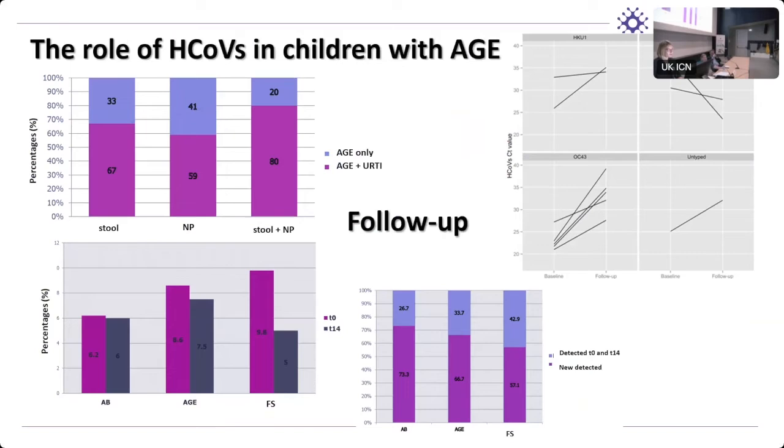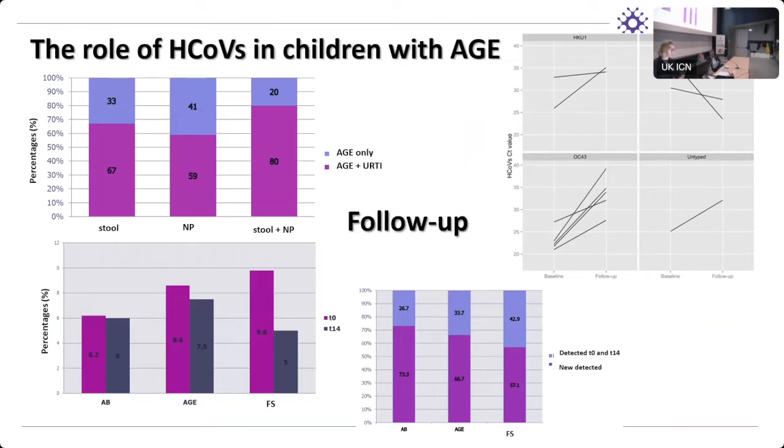But if we look more closely at these children, we saw that most of the children also had upper respiratory tract infection. And this percent rises up to 80% if the coronaviruses were simultaneously detected in both samples, in nasopharyngeal and in stool samples.